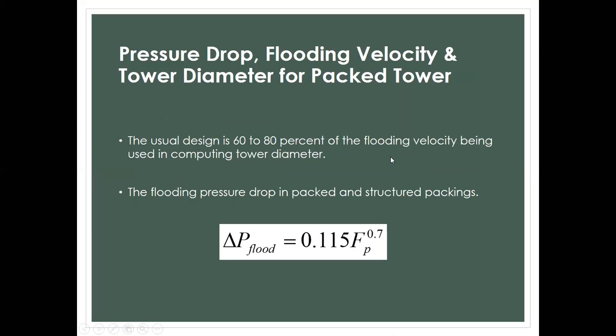And we are also taking into consideration the pressure drop, and the tower diameter can be computed out of knowing these two. Now, the usual design, if you're going to base it on the recent edition of the Unit Operations book as prescribed by PRC, is that we are to use 60 to 80% of the flooding velocity in computing for the tower diameter.